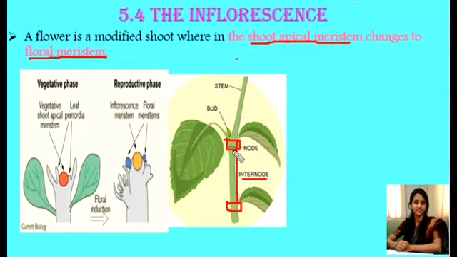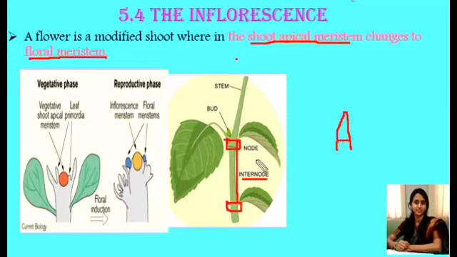Here you can imagine the internode has elongated, so there is a distance between 2 successive nodes, but at the time of flower formation these internodes do not elongate. Look at this, this is the apical meristem, and this is one node.